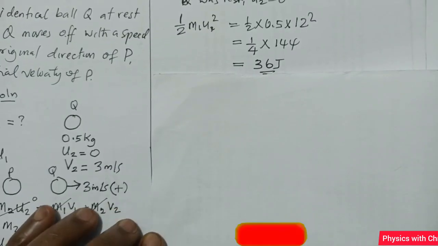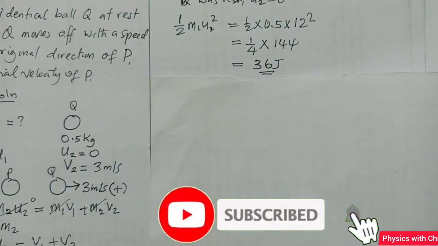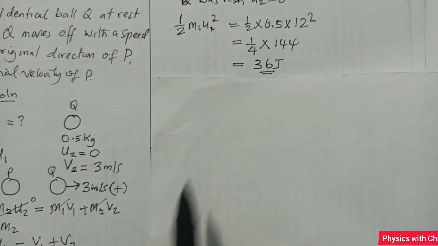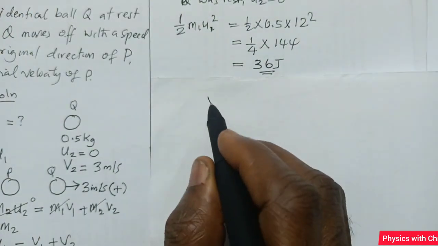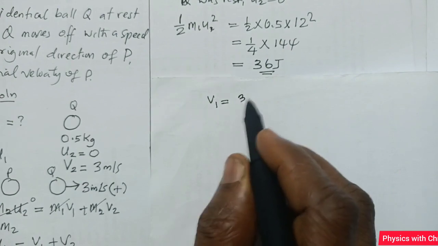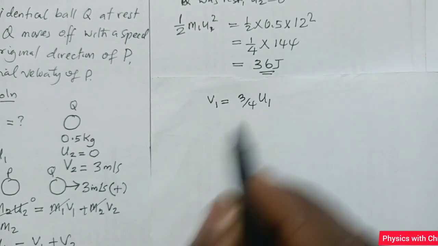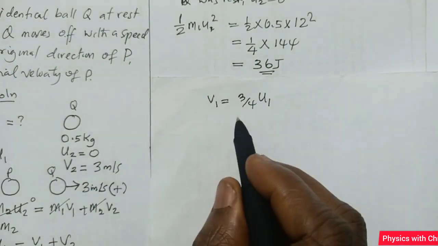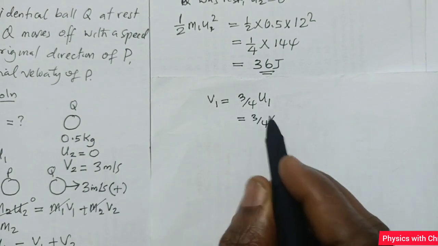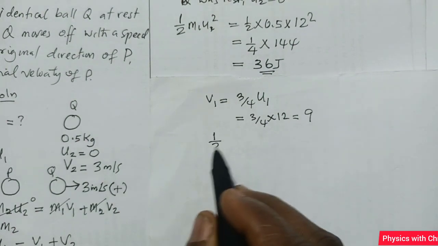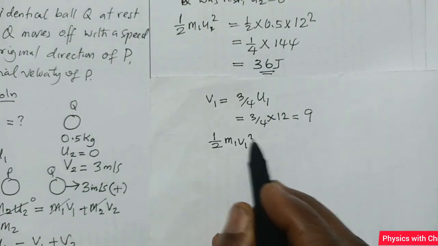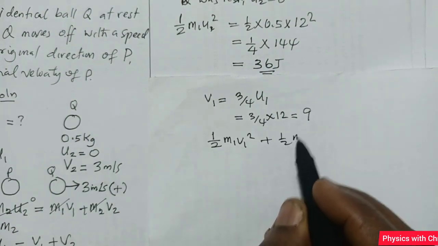Okay, we have found the total initial KE before the two bodies collide. Now we want to find the total final kinetic energy of the two balls. We have got our V1 already. Our V1 was given as 3/4 of U1, that's going to be 3/4 times 12. That gives us 9. So we use the formula again: half m1 V1 squared plus half m2 V2 squared.